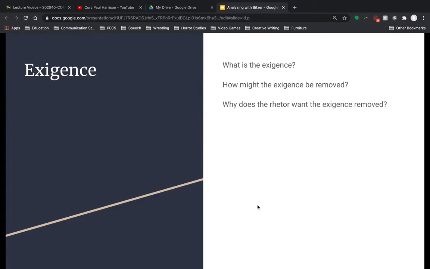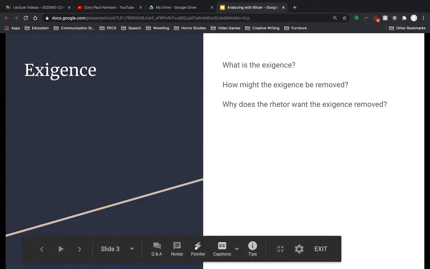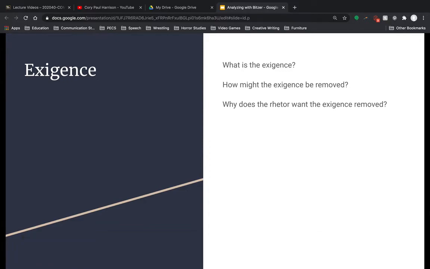And why does the rhetor want that exigence removed? Well, if you want to sell burgers, it helps if people have a good opinion of your brand. You don't hear people say, man, I hate what a burger represents, but I love their food. It just doesn't really happen too much. It doesn't happen a lot, with a couple of famous exceptions.